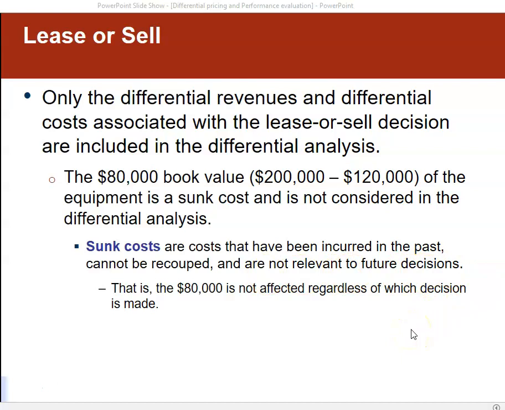I cannot tell you how many times I have heard in my life someone say, well, I've got more than that in it, when they're considering selling something. Well, guess what? It doesn't matter how much you have in it. That is completely irrelevant to the decision-making process.